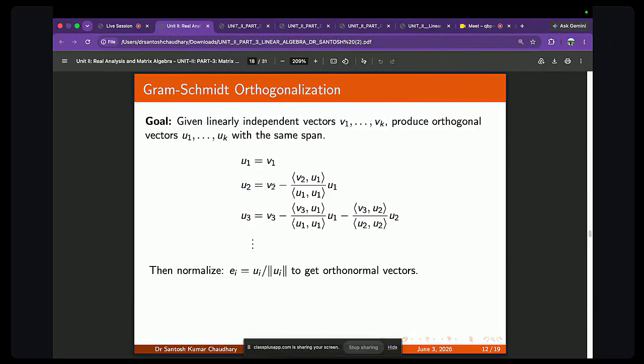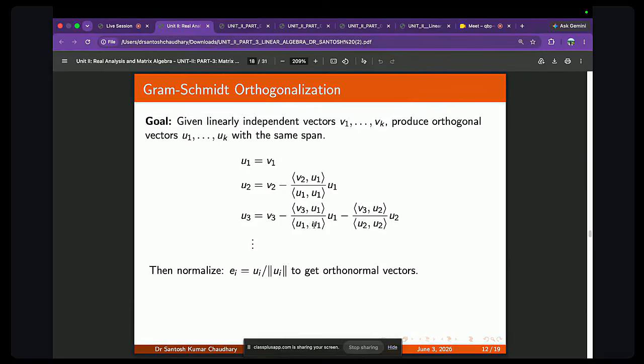Then u2 is v2 minus the inner product of v2 with u1, divided by the inner product of u1 with u1, times u1. Then u3 is v3 minus the inner product of v3 with u1 over the inner product of u1 with u1, times u1, minus the same term for u2. You can see the pattern. If I write u4, it will be v4 minus (v4,u1)/(u1,u1) u1, minus (v4,u2)/(u2,u2) u2, and then minus (v4,u3)/(u3,u3) u3, like this.